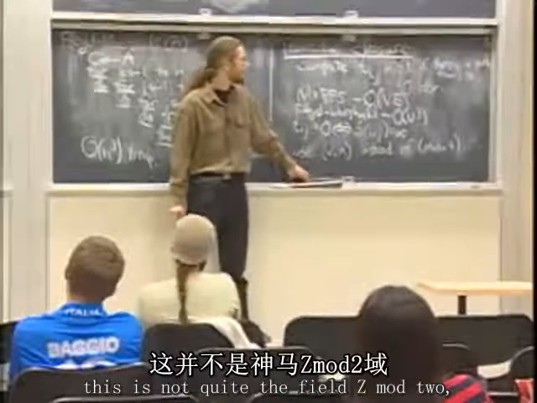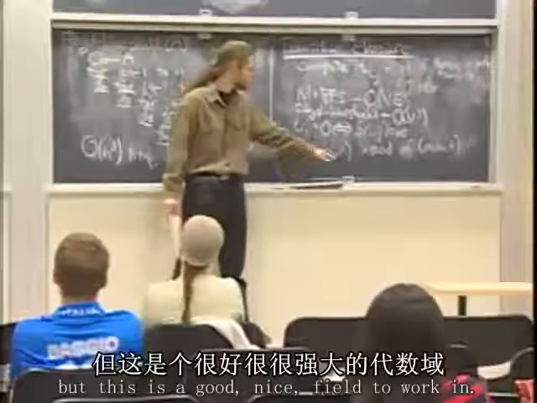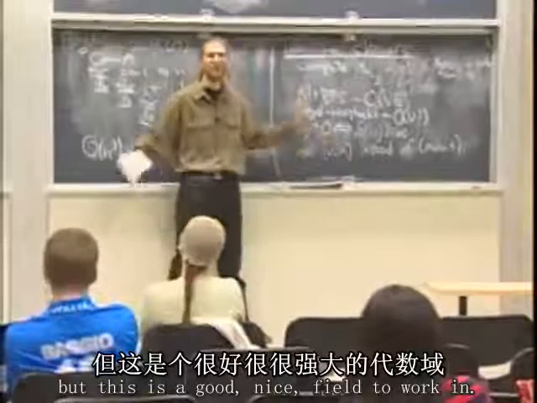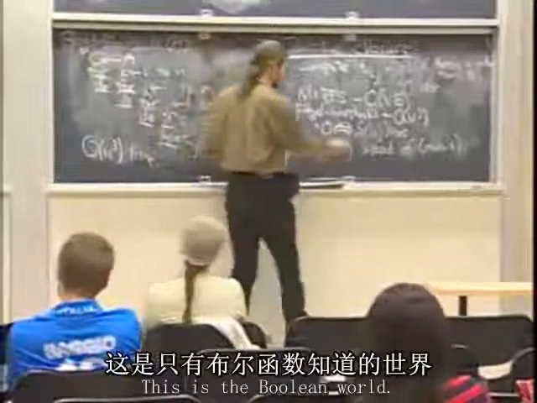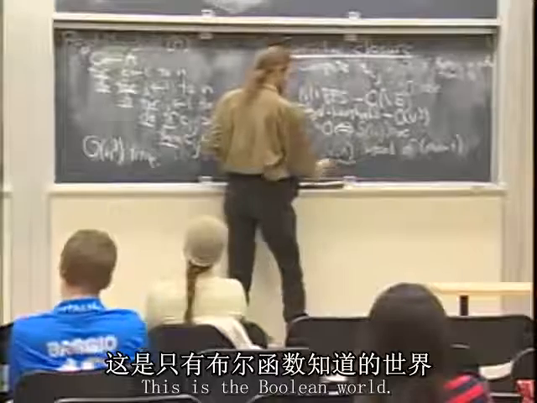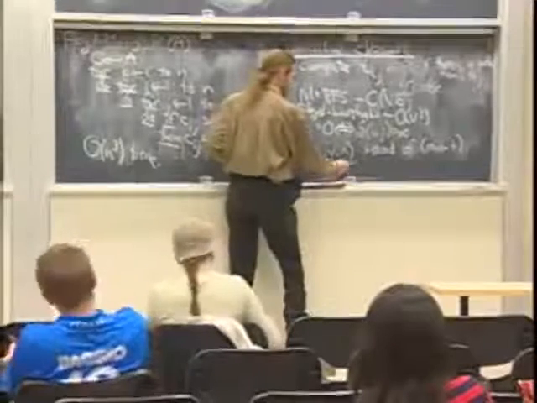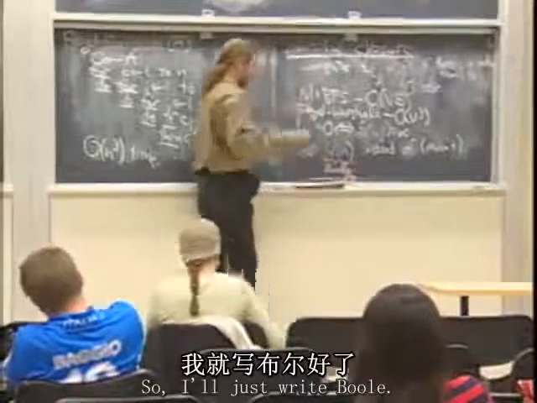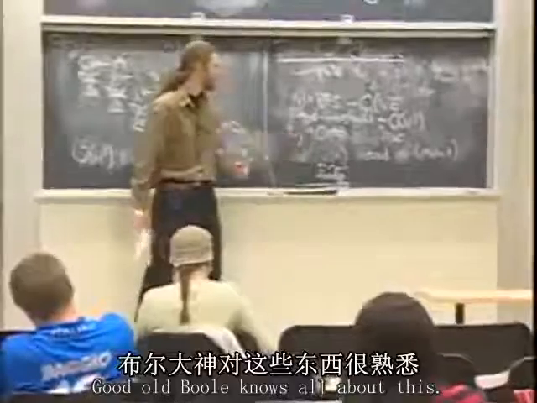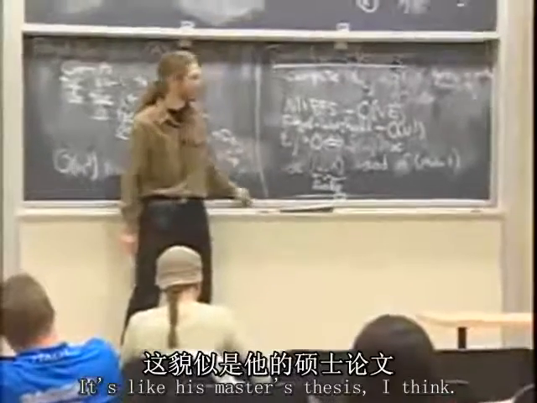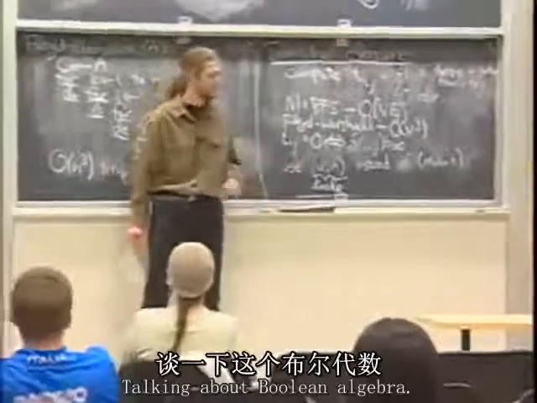It's not quite the field Z mod 2, but this is a nice field to work in. This is the Boolean world. So I'll just write bool. Good old Boole knows all about this. It's like his master's thesis, I think, talking about Boolean algebra.